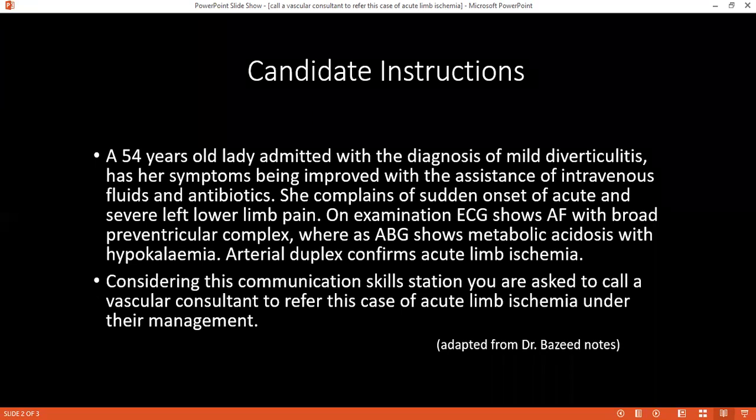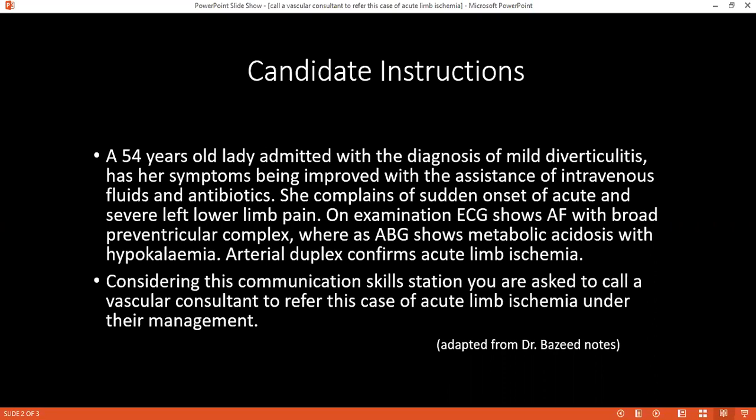Is it urgent, doctor? Can you send it tomorrow instead? Unfortunately, the patient has this limb pain, and it's really urgent from as far as I know, because she might lose her limb, and so early intervention is necessary in this case. Okay. So do you need a cardiologist for the preventricular complex before you transfer the patient?